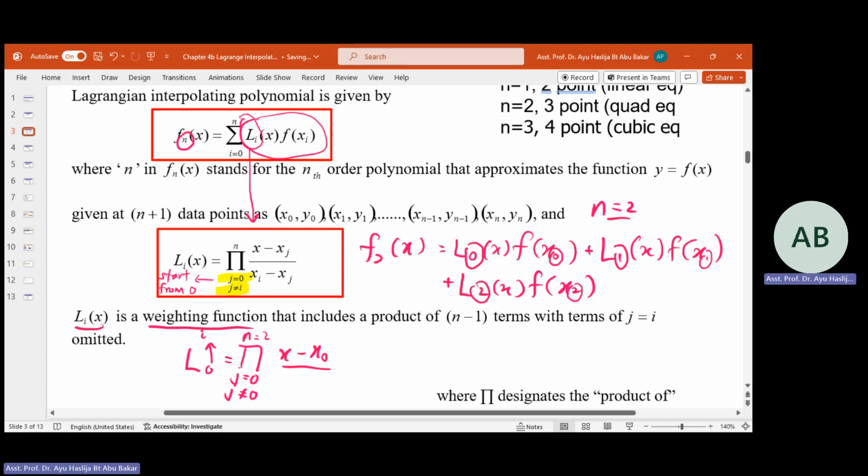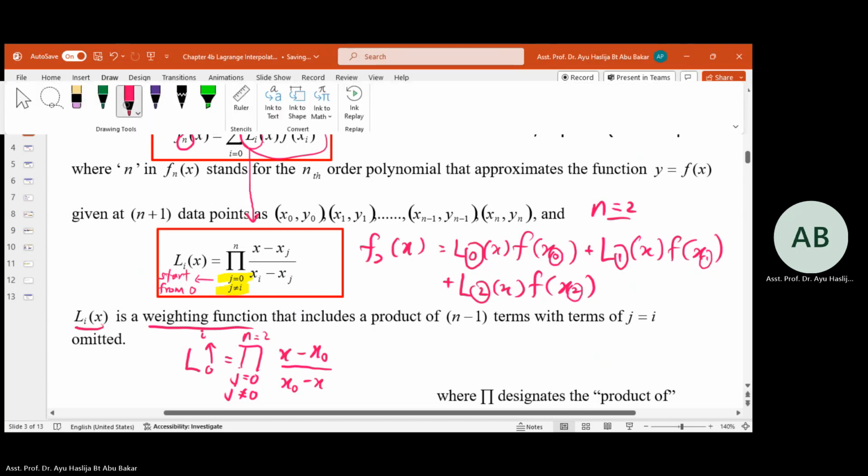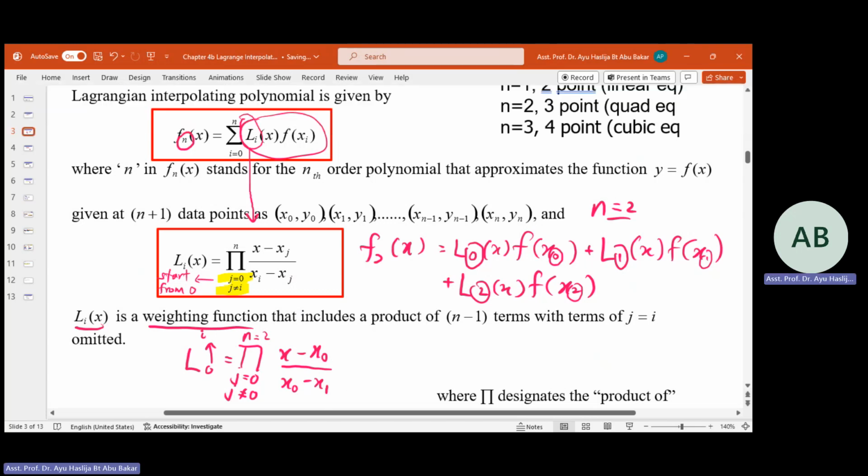The denominator would be x0 minus x0, and if j equals 0 the value will be 0. You cannot divide by 0, so that's why j cannot be 0. Here it will become x1.